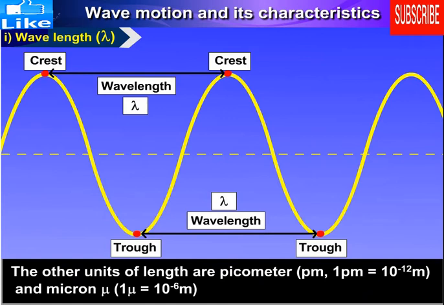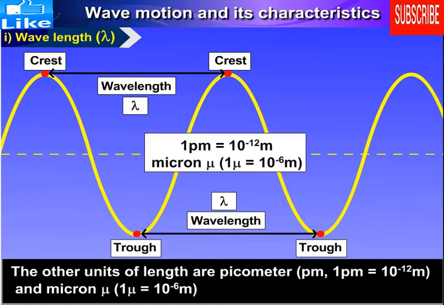The other units of length are picometer, pm, 1 pm equals 10 raised to minus 12 meter, and micron, mu, 1 mu equals 10 raised to minus 6 meters.